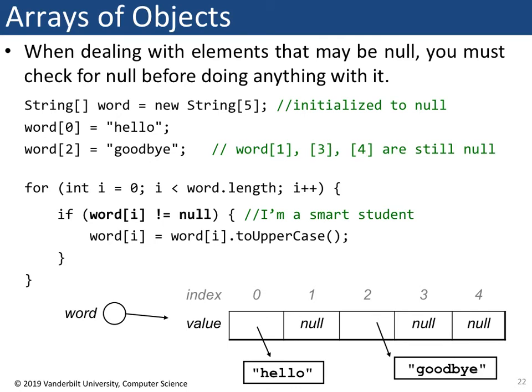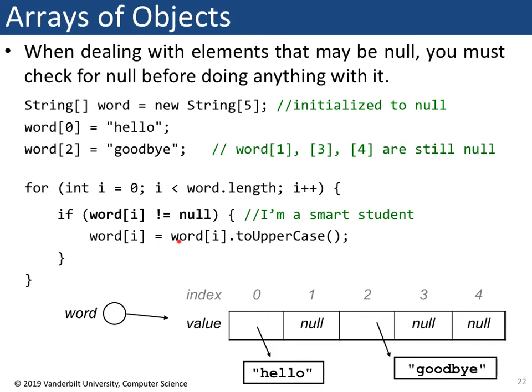So we create a for loop to go through each element of our array, check to see if each element is null, and if it's not null, then we convert it to uppercase and store it in the element.